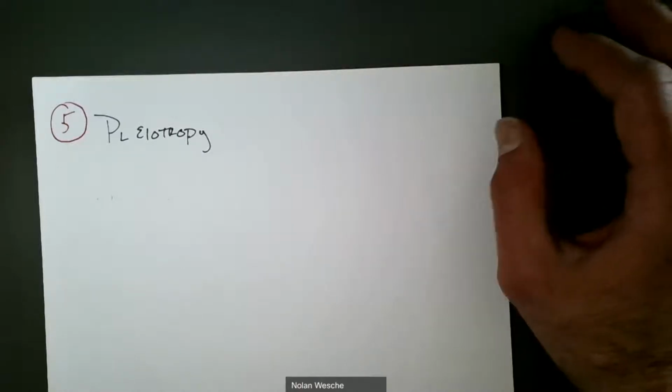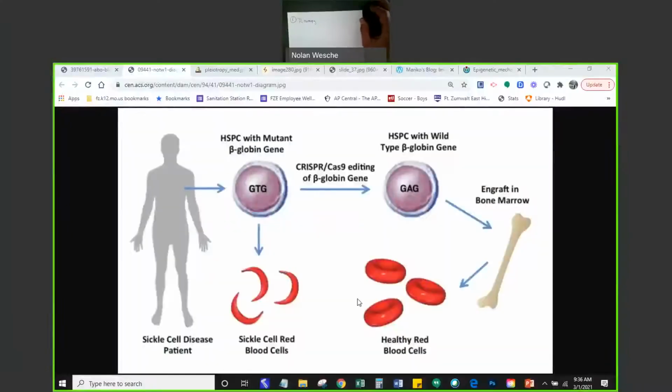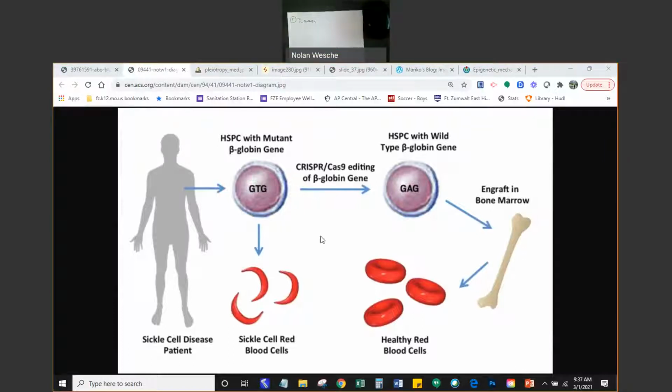So pleiotropy would be this situation where we have one mutant allele, and that provides multiple phenotype effects. So here we're looking at an allele that's been mutated. There's been a substitution. A thymine has been substituted in place of an adenine in this DNA sequence, which results in a changing of the shape of the red blood cells because of this hemoglobin protein.